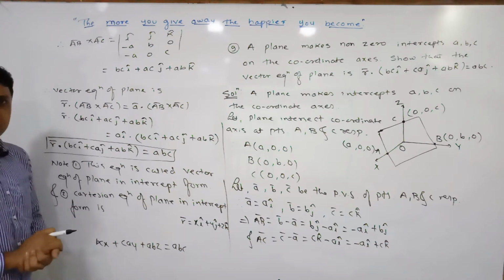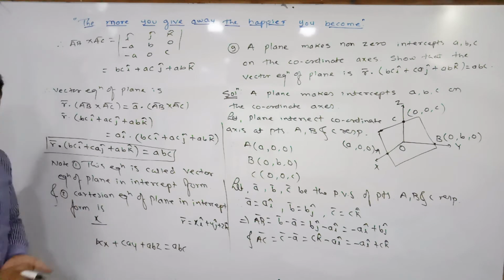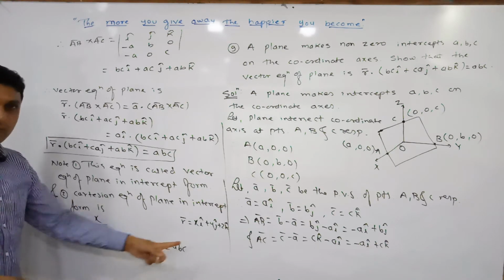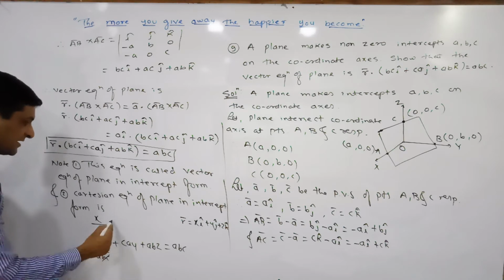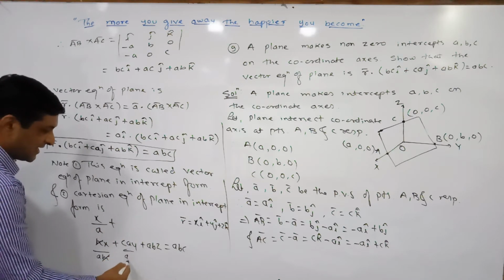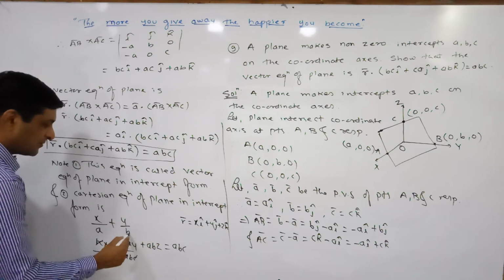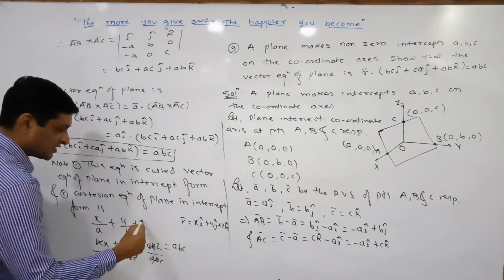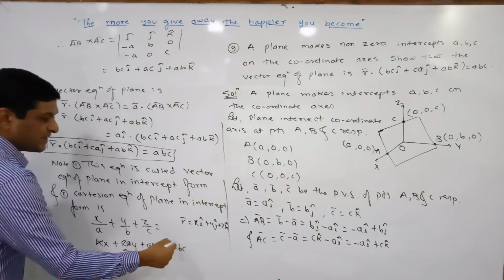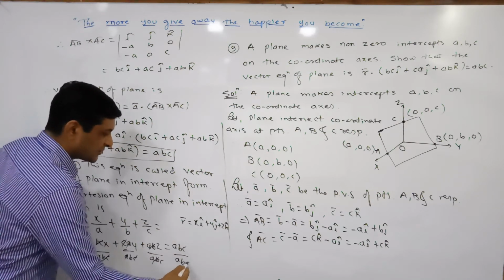Let us write it in the simplest form. To convert it into the simplest form, just divide both sides by ABC. Dividing the first term by ABC, BC and BC get cancelled, and we get X upon A. Dividing the second term, CA and CA get cancelled, and we get Y upon B. Dividing the third term, AB and AB get cancelled, and we get Z upon C. On the right-hand side, ABC upon ABC is equal to 1.